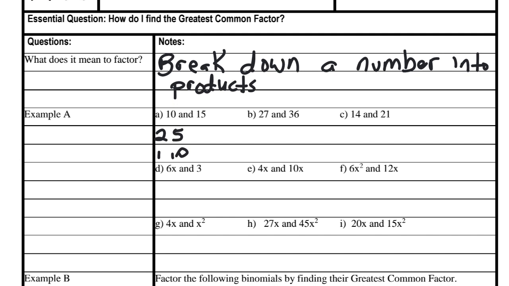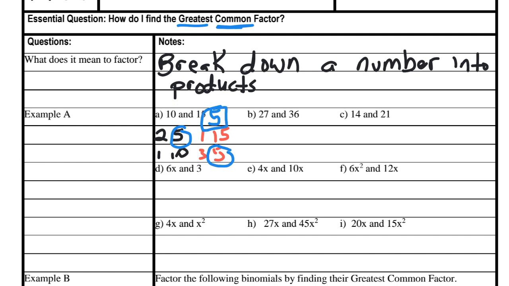So 15 would be 1 and 15, 3 and 5. And then I look at those and I want to find what number they have in common, and is that the biggest one. So the number they have in common is 5, so the greatest common factor is 5.